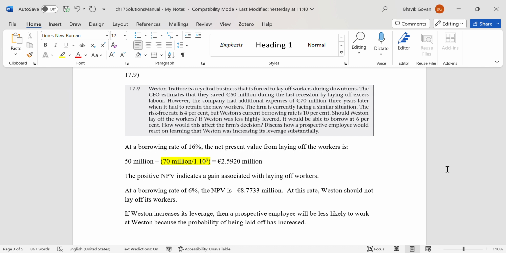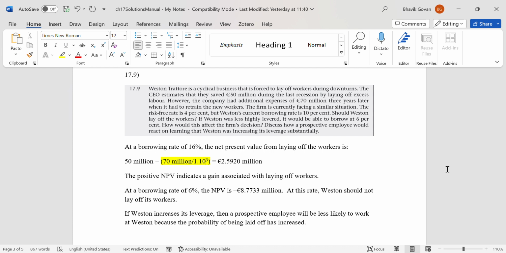The firm is currently facing a similar situation. The risk-free rate is 4%, but Western's current borrowing rate is 10%. Should Western lay off the workers? If Western was highly levered, it would be able to borrow at 6%. How would this affect the firm's decisions? Discuss how a prospective employee would react on learning that Western has increased its leverage substantially.